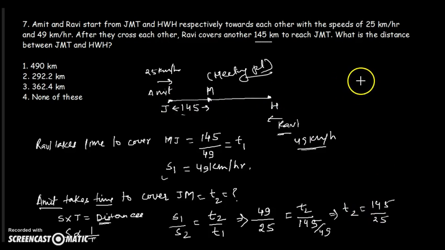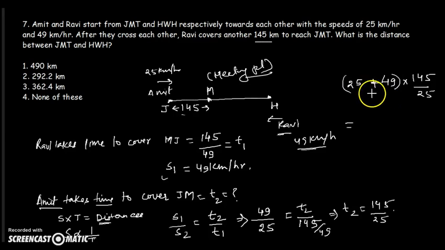The total distance will be speed into time. You can write relative speed as 25 plus 49, and the time taken is 145 by 25.